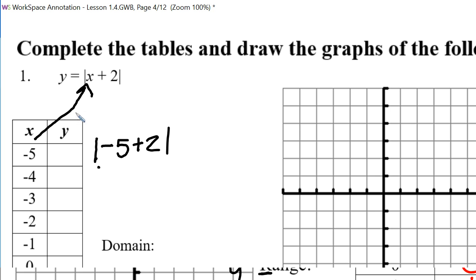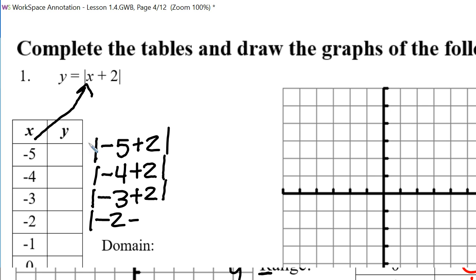For the next one, it's going to be absolute value of -4 plus 2. And then we'll have the absolute value of negative 3 plus 2, negative 2 plus 2, negative 1 plus 2, 0 plus 2, and the absolute value of 1 plus 2.